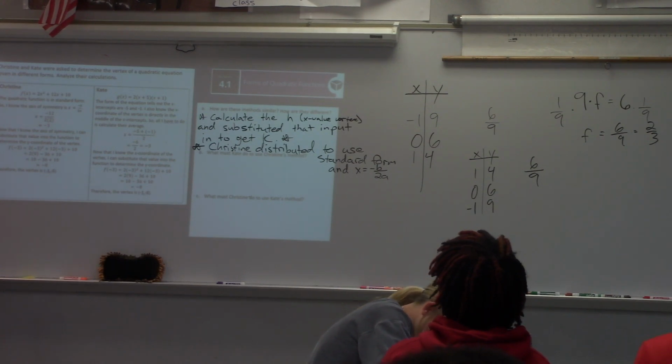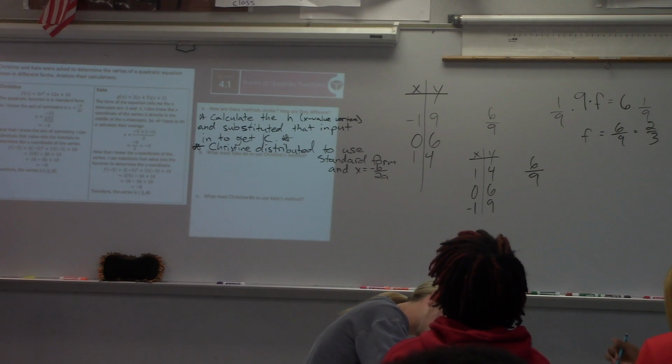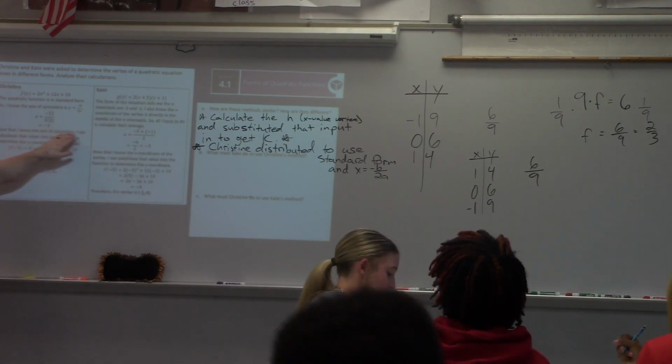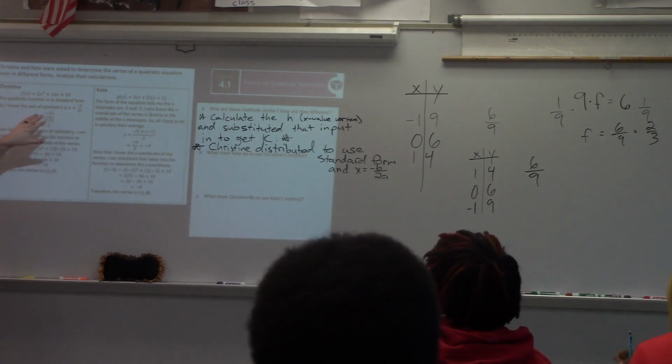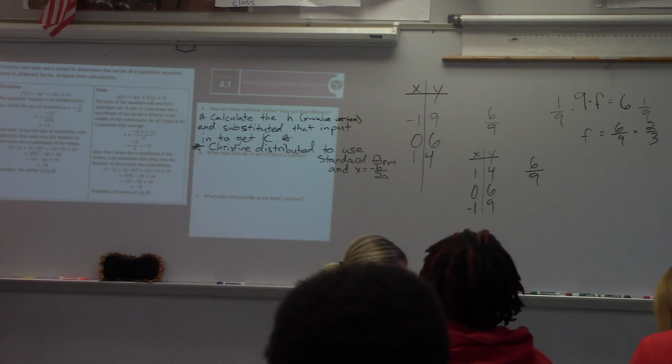So what must Kate do to use Christine's method? Kate would have to do what first? So this is Kate. Find out the axis of symmetry, but remember that's one of the first things they both did. What if Kate wants to use Christine's method? What would Kate have to do with her equation to be able to use that negative b divided by 2a? She would have to distribute first, right?